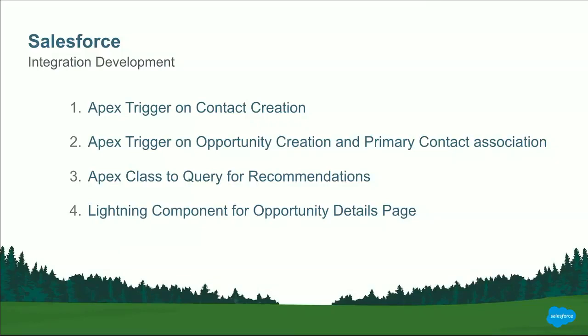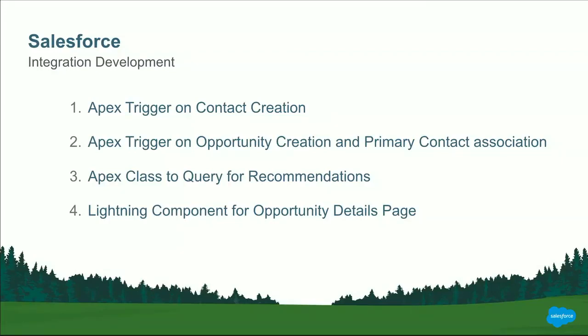The third part is the integration. Like I mentioned before, is where the user will be using the app. That is basically Salesforce. So each time that we create an opportunity, we create a contact, or we link them together, we build some Apex triggers to actually do that logic and do the integration with the event server and send that data, right?